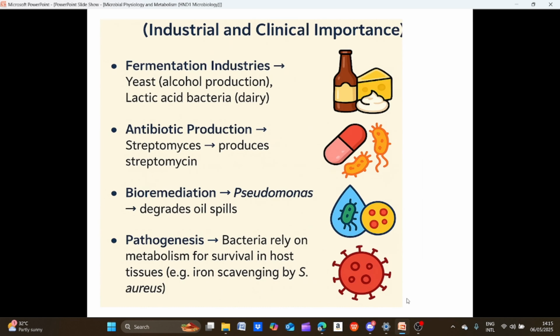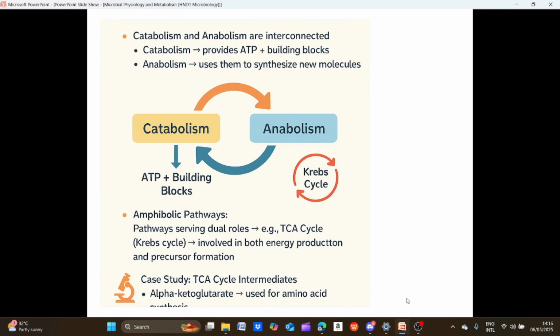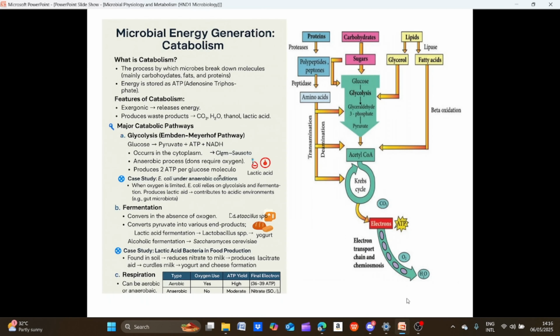So this one will always convert acetyl CoA into fermentation product, that is ethanol. So then the third example is in respiration. Don't forget that respiration can either be aerobic or anaerobic.